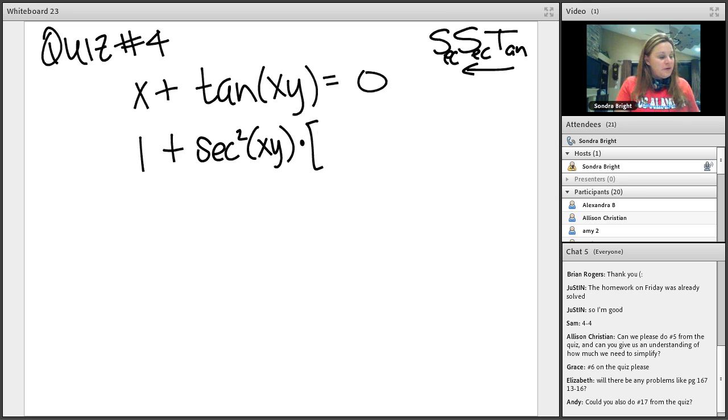Then chain rule says go inside and take the derivative of x times y. Now, when you take the derivative of x times y, it's product rule and implicit because you got that y there.